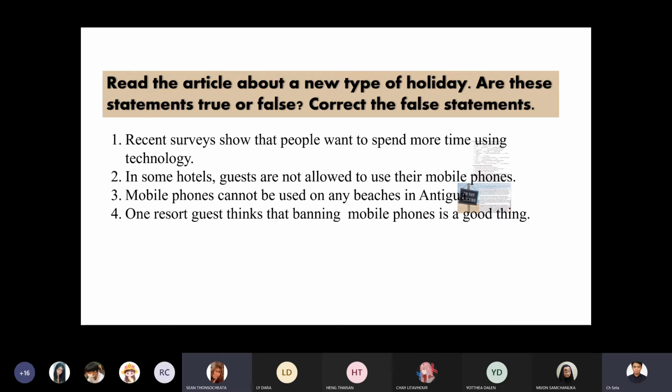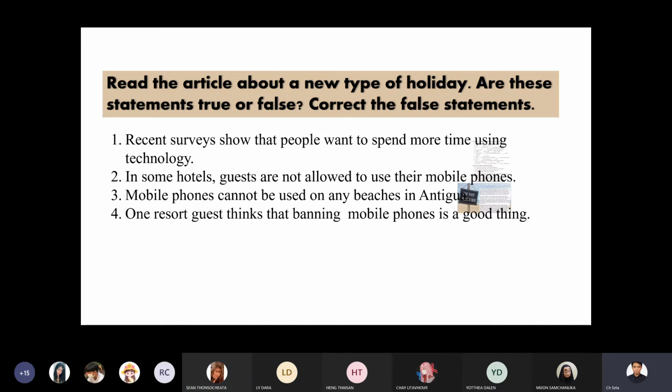Three, mobile phones cannot be used on any beaches in Antigua. Four, one resort guest thinks that banning mobile phones is a good thing. Okay, thank you very much.